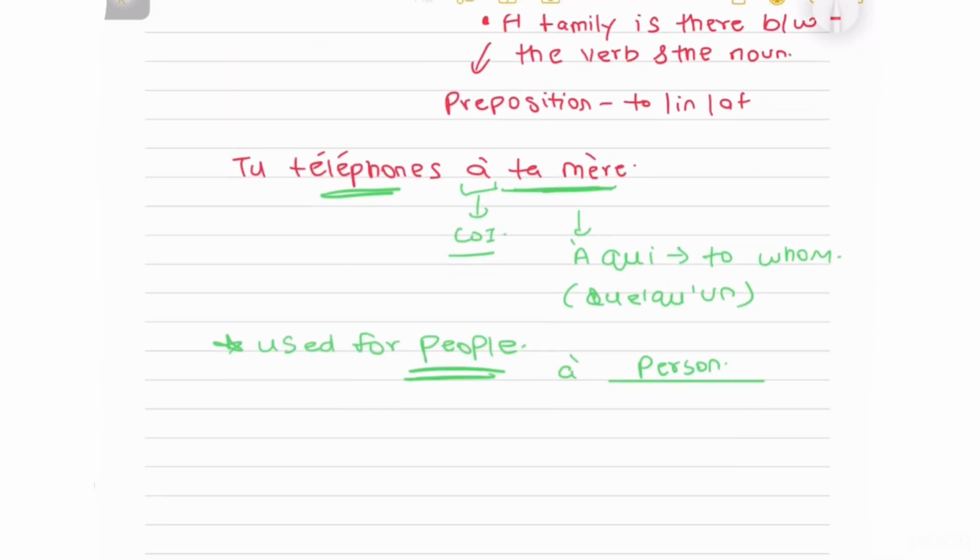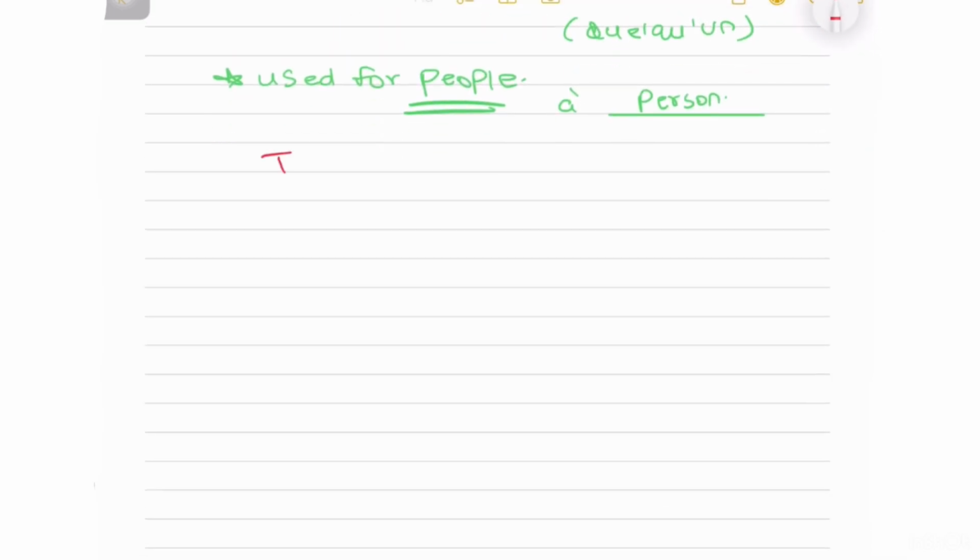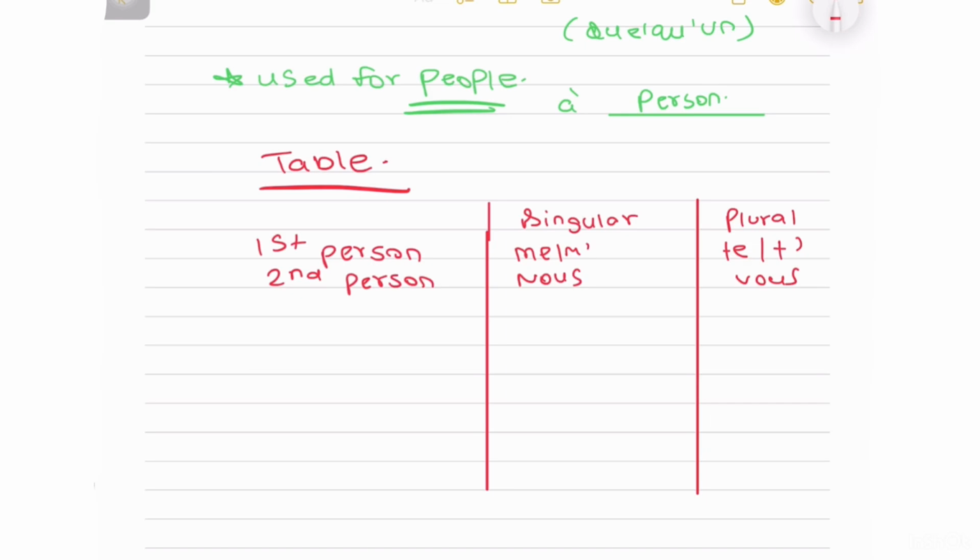Now what are the forms, that is what all is included in the table for COI? Till second person we have the same thing as COD, same format. But the difference comes when we talk about third person, which for both of these pronouns is the most important part. Questions are asked from there. If you want to say to him, you get lui.